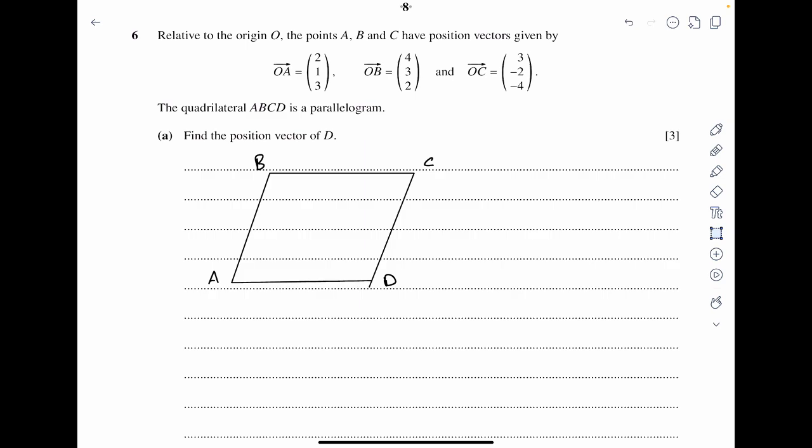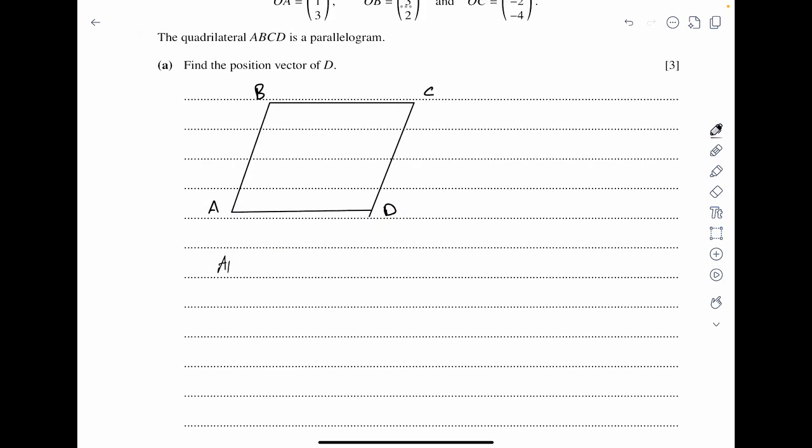Next, as you can see, AB equals DC, because the opposite sides of a parallelogram are parallel, which means that the opposite sides will be the same from a vector perspective.